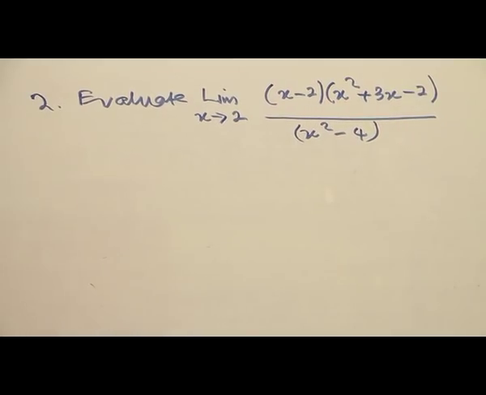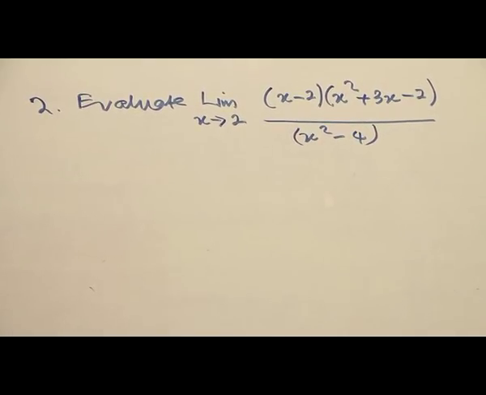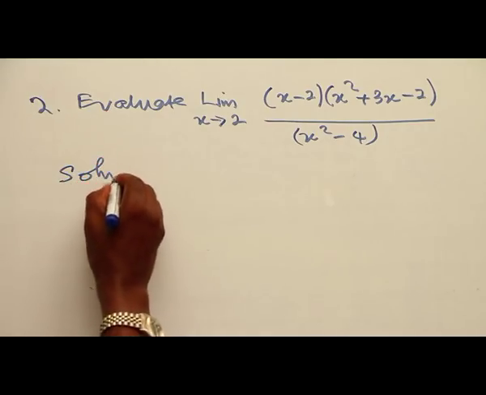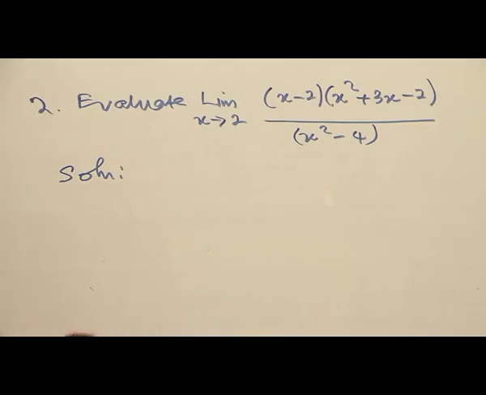Example number 2. Evaluate s minus 2, in bracket, times s squared plus 3s minus 2, also in bracket, all over s squared minus 4, as s tends to 2. So you evaluate the limit as s tends to 2 of that function. Our solution. Observation.